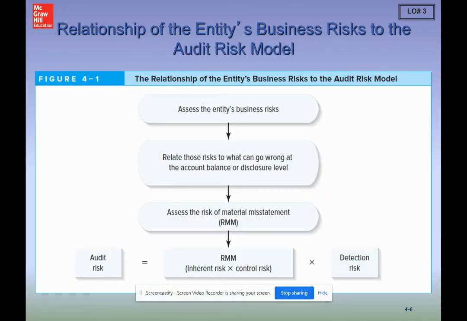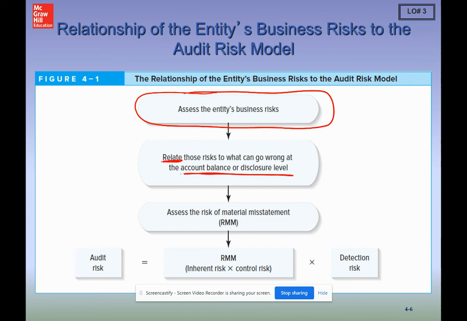All right, so how do we do this? The first thing that we need to do is look at the business entity's risks. We're going to take a look at what's going on. Then we're going to take those risks and relate them to specific account balances or disclosures. We're going to brainstorm: what could go wrong?